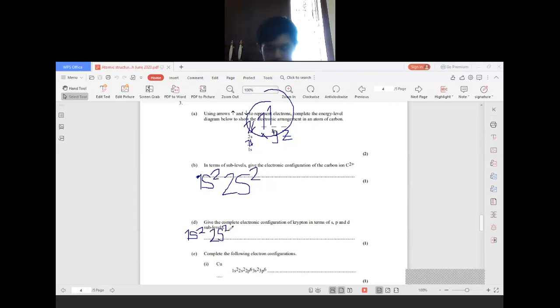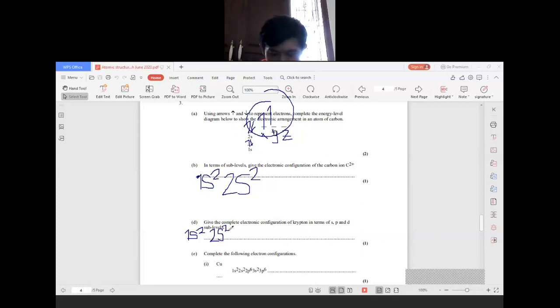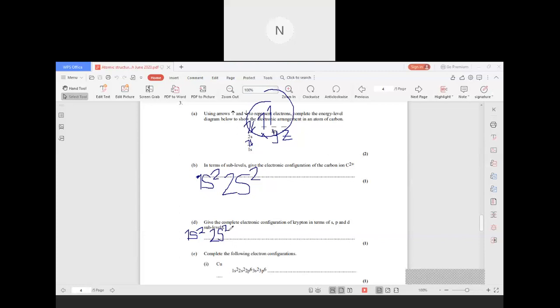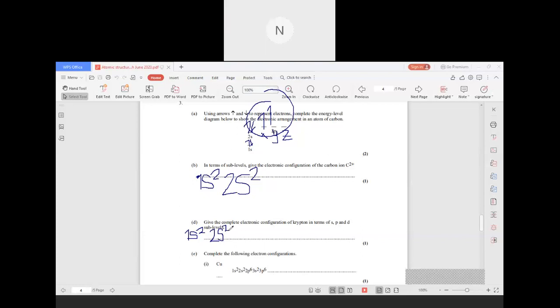After that, 3s2. After that, 3p6. Please continue. 4s2. Then 3d10. 4p6. Yes.